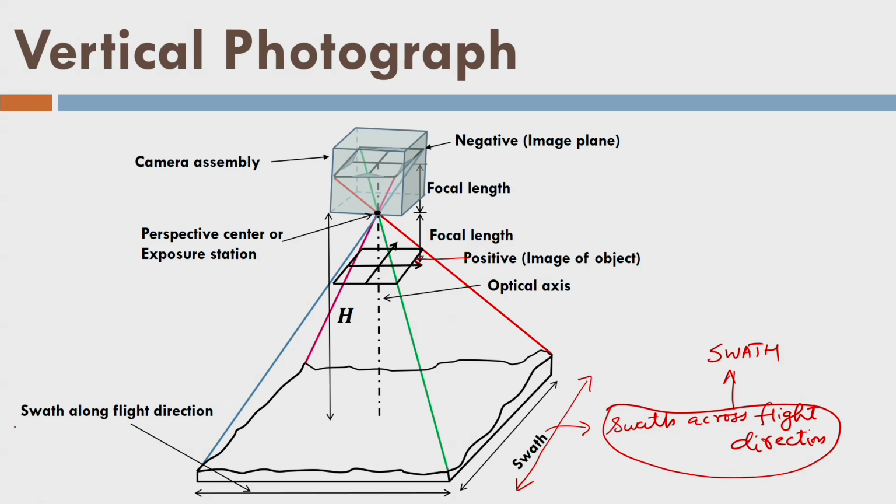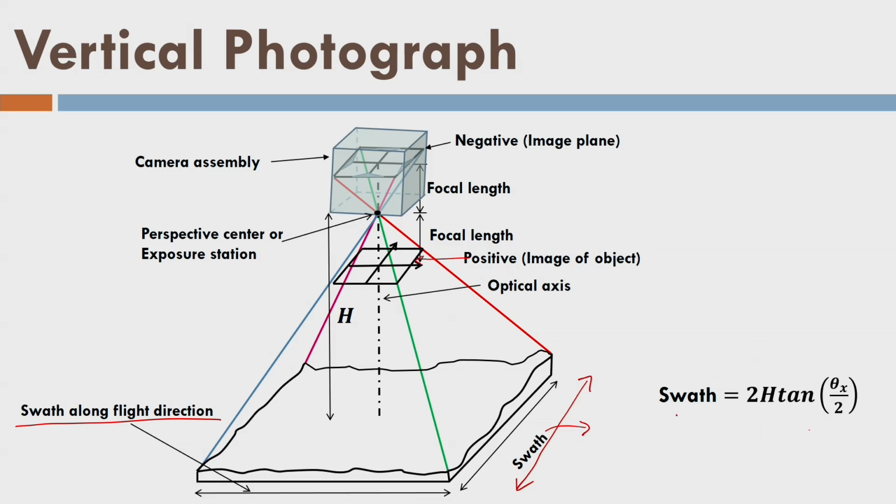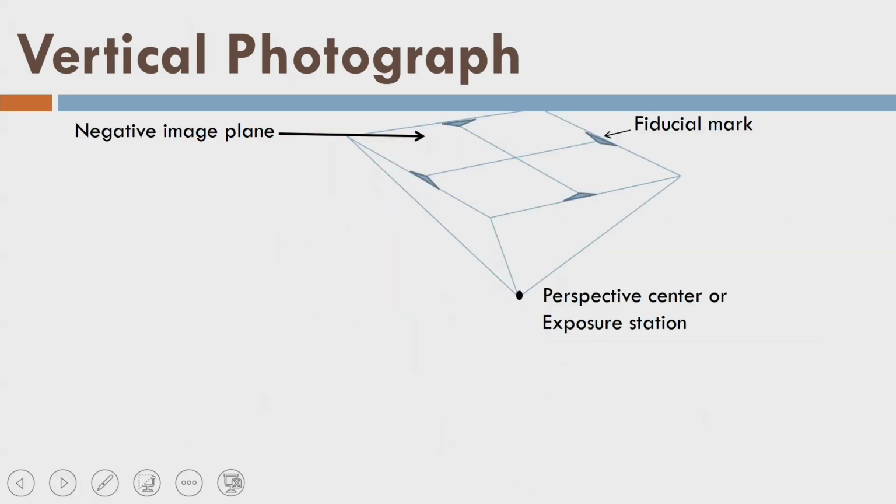Whenever you want to specify the swath along the flight direction, you have to specify it like that. Now I can write that swath is equal to 2h tangent of theta x by 2, because across the flight we have theta x as my total field of view. It is a very simple relationship, you can find it out yourself also.